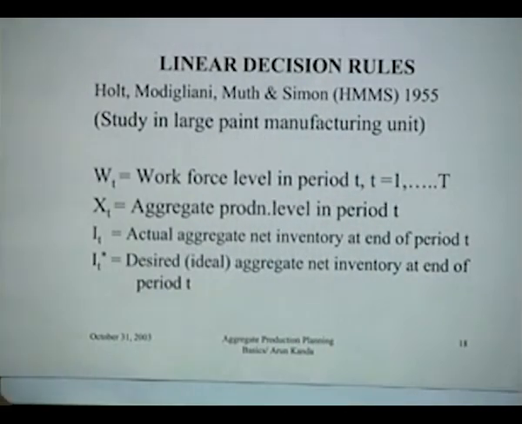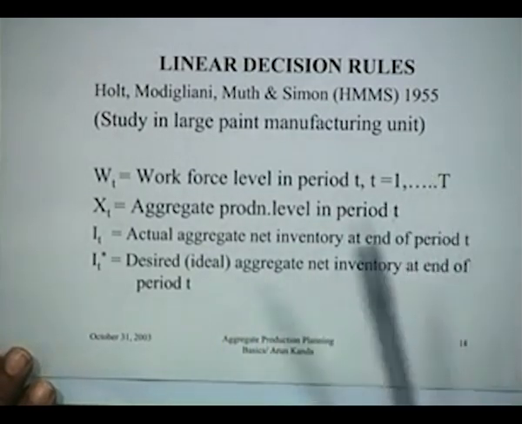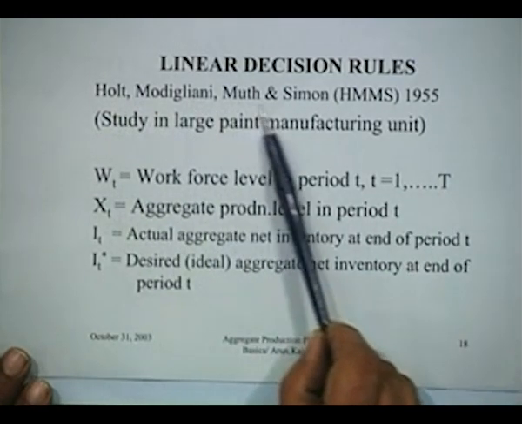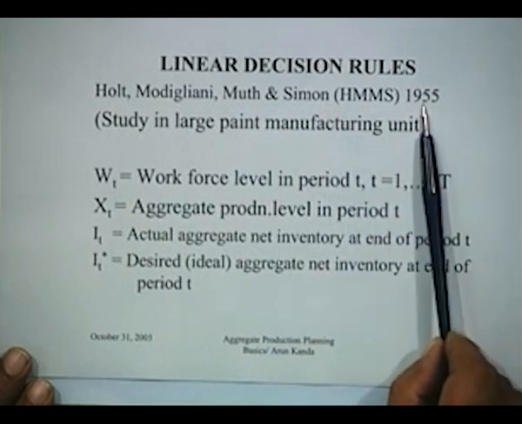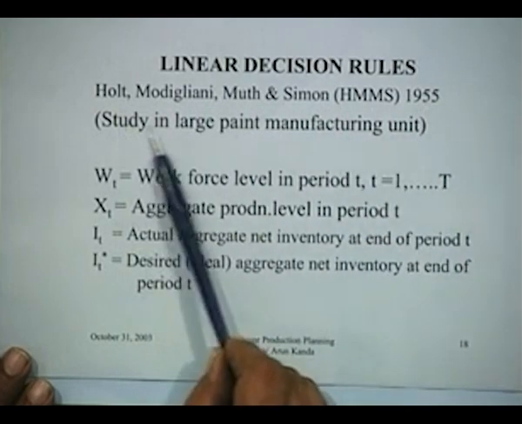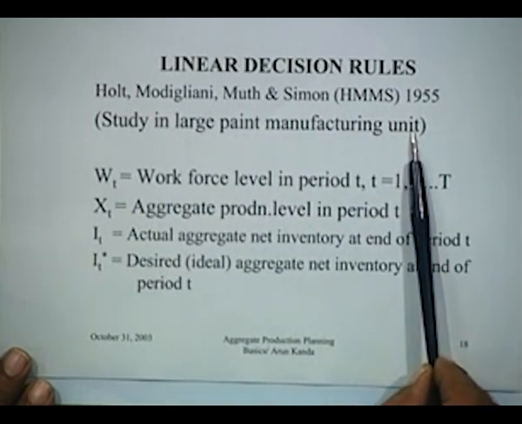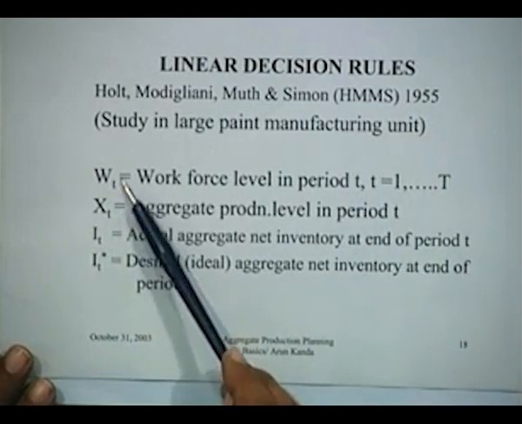Now, just to give you an idea of these linear decision rules, let's quickly run through this example. This was a study done by Holt, Modigliani, Muth and Simon in 1955 on a large paint manufacturing unit, and what they did was they defined these variables.